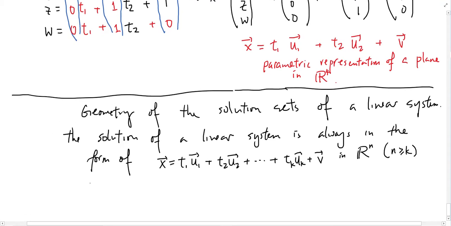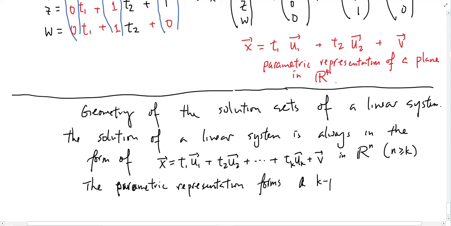This expression forms what we call a parametric representation. It forms what we call a k-plane in Rn. So the number k indicates the number of direction vectors. Okay?